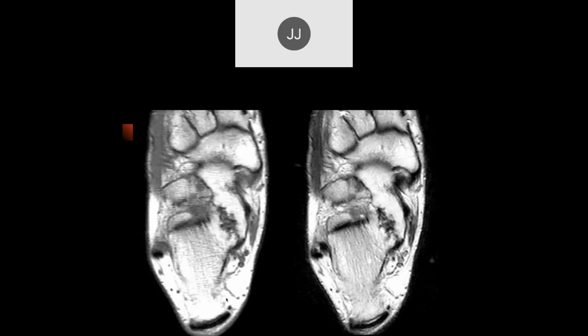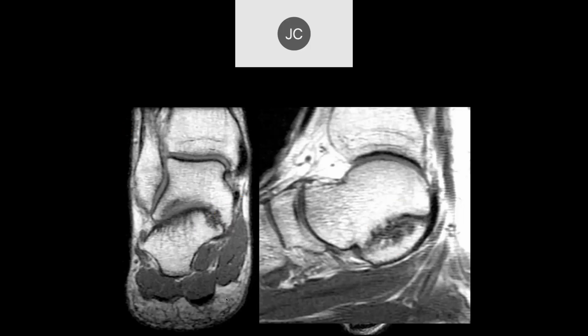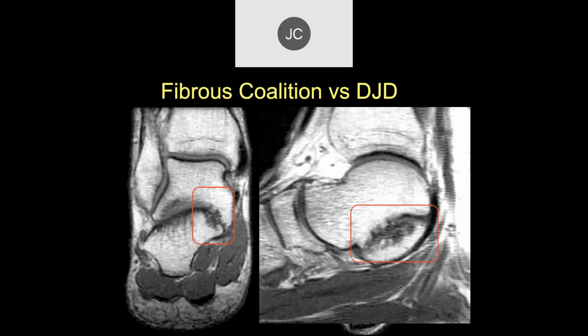All right, so I'm looking here at the medial calcaneus. I think we're in the region of that medial facet of the subtalar joint. It's just this irregularity that looks like a fibrous coalition. Yeah, this was a fibrous coalition.